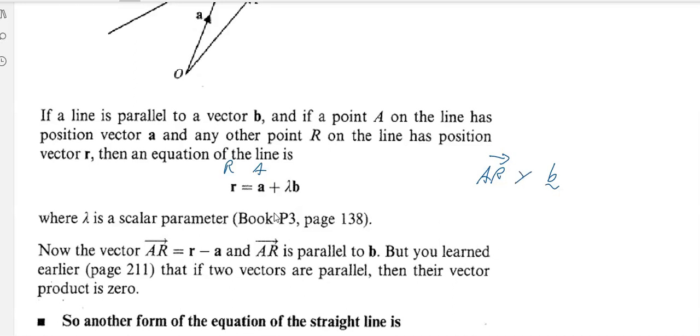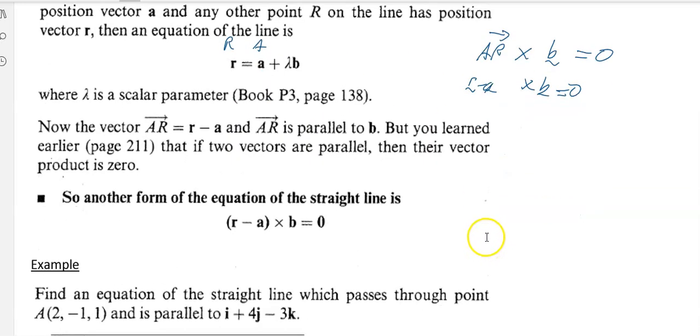So if you did AR cross b, you're going to get 0, because we know that if two vectors are parallel, then their cross product is going to be equal to 0. So really what you've got here is r minus a, cross b, is equal to 0.